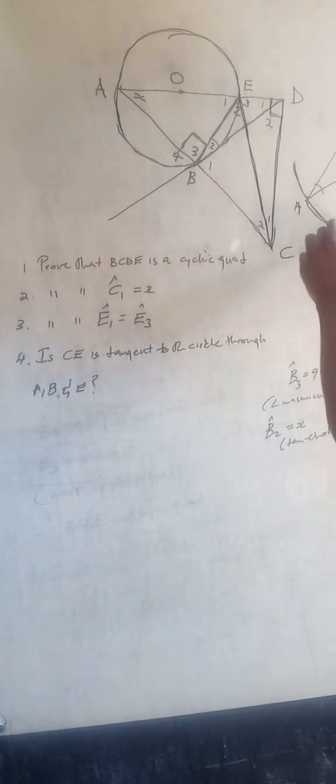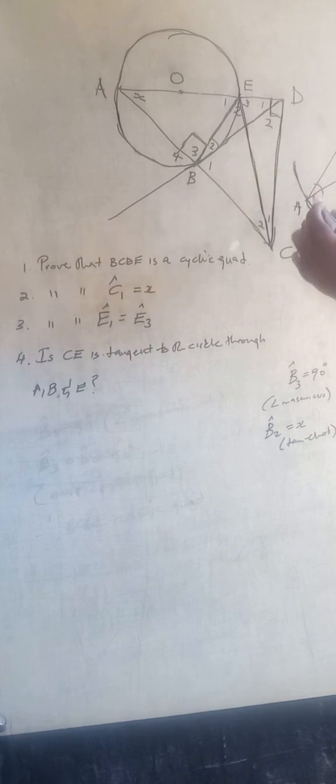If this is point A and this is point B, this angle is subtended by arc AB, and this angle is also subtended by arc AB. If they are subtended by the same arc, they should be equal. We know that equal chords subtend equal angles.